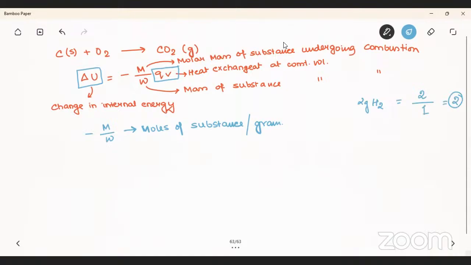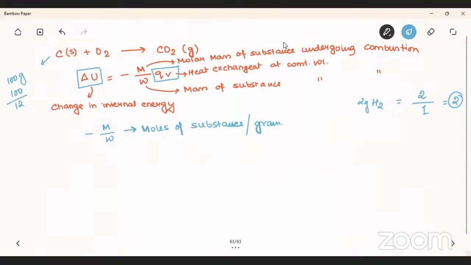Similarly, we are doing it here. Here carbon is undergoing combustion, right? Suppose I have told that 100 grams of carbon is undergoing combustion. So 100 divided by 12, where 12 is the molecular weight of carbon.